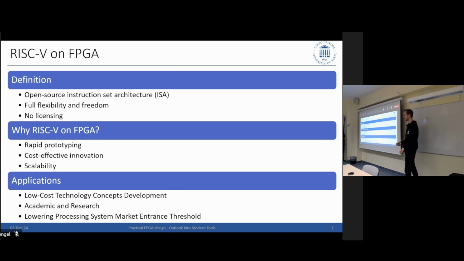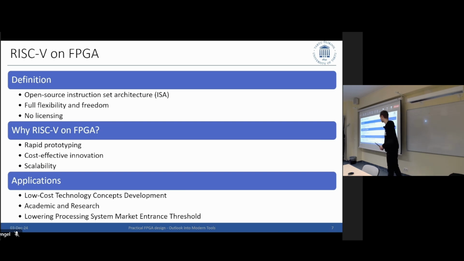So I can just do my FPGA design and rapid prototyping, and then maybe even put it into an ASIC, and I'm just done. I do not have to deal with anyone else. And of course, the scalability is nice because I do not have to pay when I'm small. I do not have to do any licensing, even if I only have 3 devices produced a year. So this is quite nice.